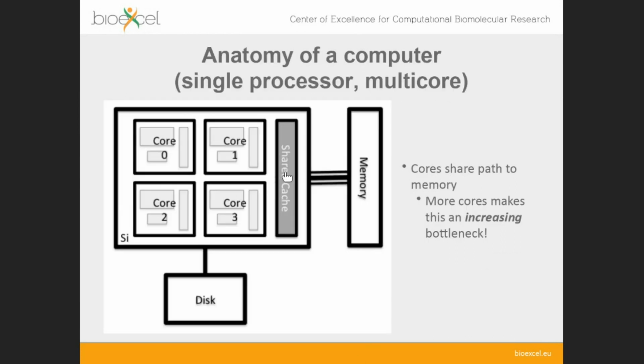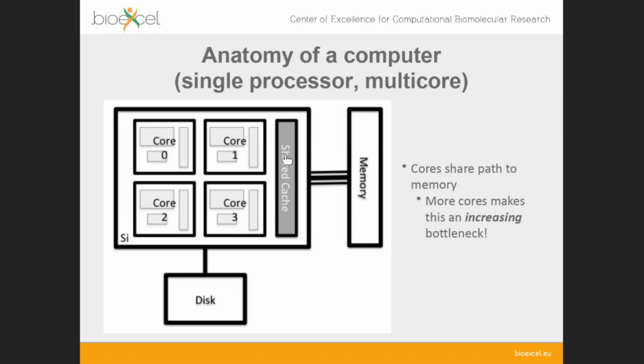So this is the anatomy of a single multi-core processor, where each of these 4 cores is essentially the same as the entire single core processor that I depicted before, except for this shared cache. You can see internally each of these cores has its own cache, but there's also a shared cache, and cache is just a little bit of memory, right?